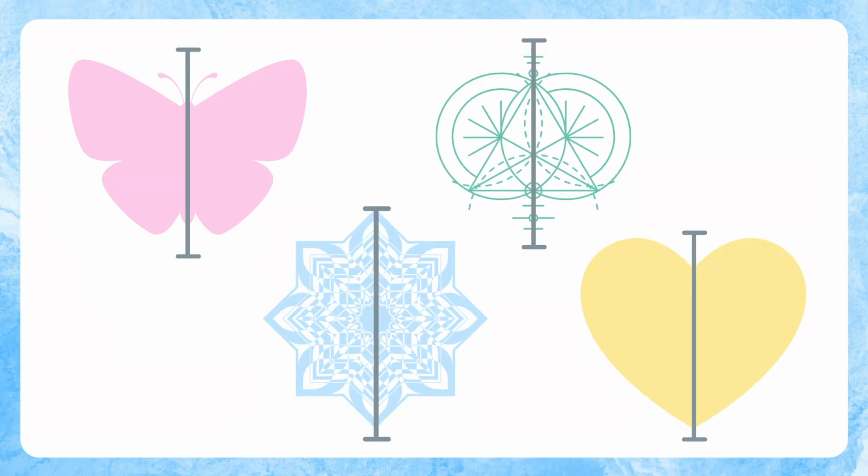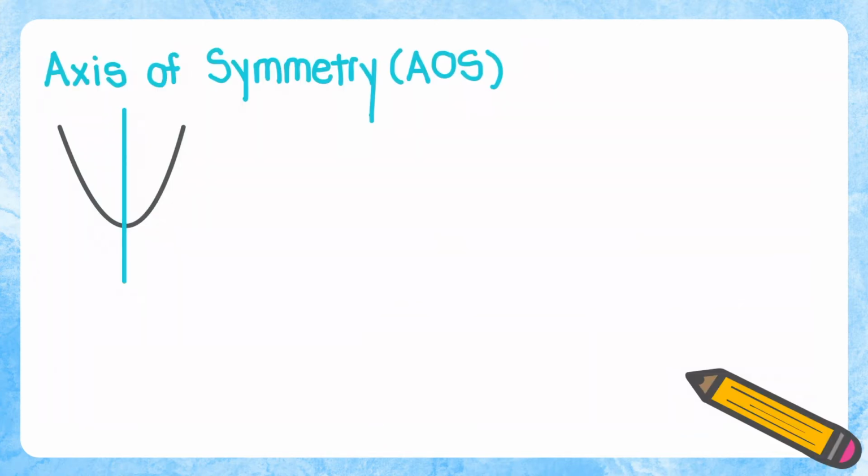Here are some general examples of axes of symmetry. Notice how each axis of symmetry splits the shape in half. Notice here, this axis of symmetry, the AOS, is a vertical line.